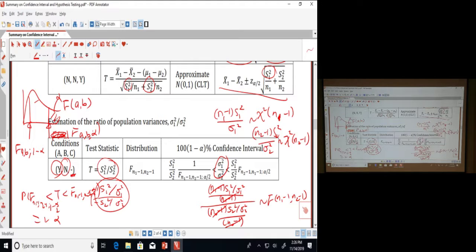This is equal to 1 over the reciprocal of F_BA alpha. That means you swap the degrees of freedom, for the lower end of F_AB, 1 minus alpha. When you swap the degrees of freedom, it becomes bigger, so it becomes F of BA alpha.